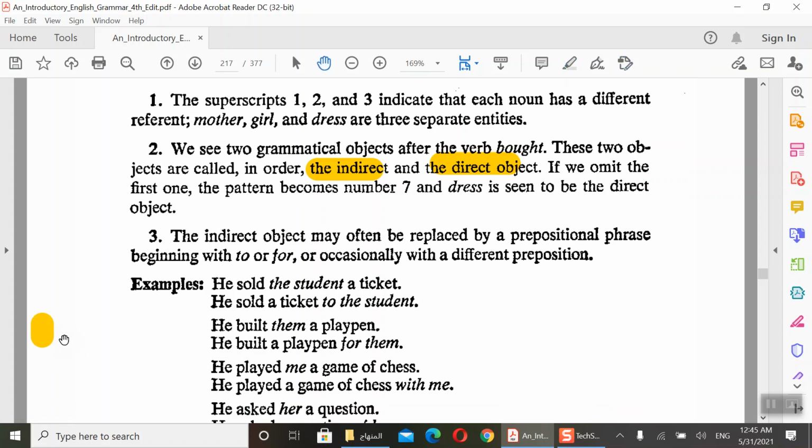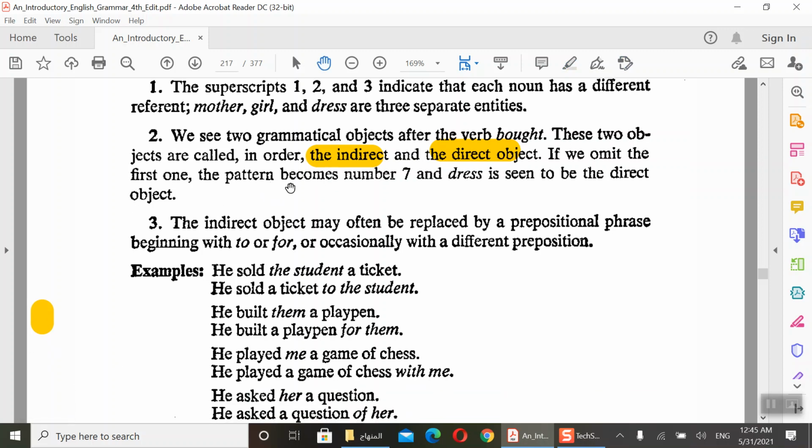If we omit the first one, the indirect, the pattern becomes 7. You see? If we omit the first one, the pattern becomes number 7.